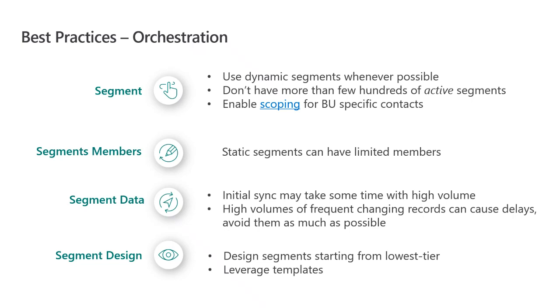Our recommendation here is to start from the lowest level entity in this relationship tree, and end up with the contact entity later on. So you select the lowest tier, and then go for the parent related entities, until you select the contact entity.